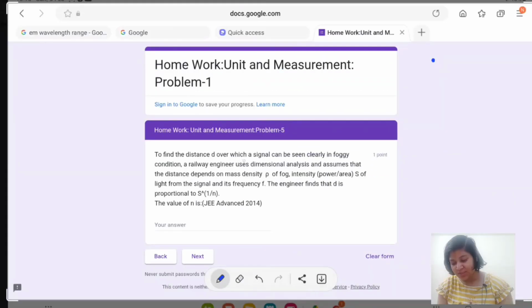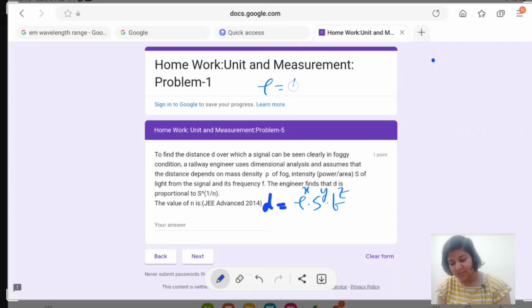The distance over which a signal can be seen clearly in a foggy condition. A railway engineer uses dimensional analysis and he assumed that this distance D depends on the mass density of the fog, the intensity which is taken as S, and the frequency. Let us assume the dependence as to the power x, y and z.